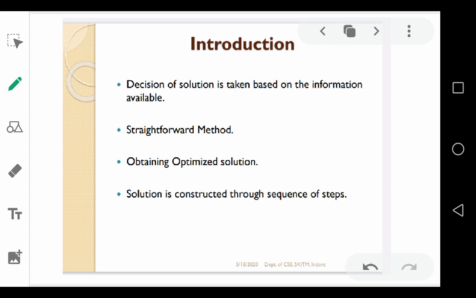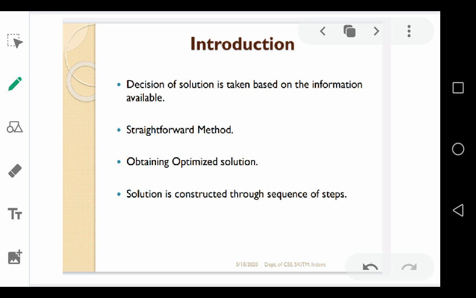The greedy method is a straightforward method. The greedy method is used for obtaining the optimized solution. In the greedy technique, the solution is constructed through a sequence of steps, each providing a partial solution, until a complete solution to the problem is reached.